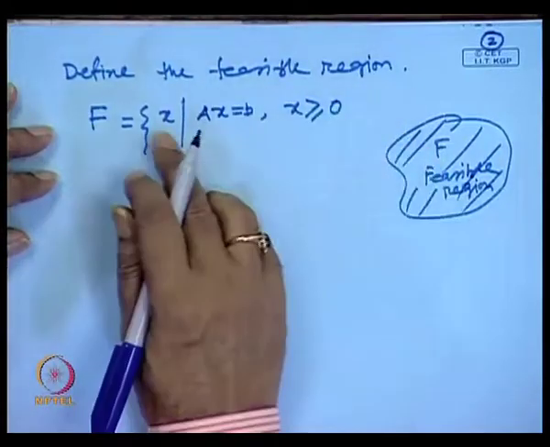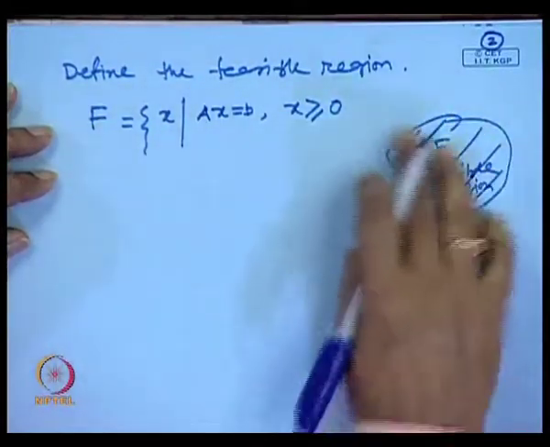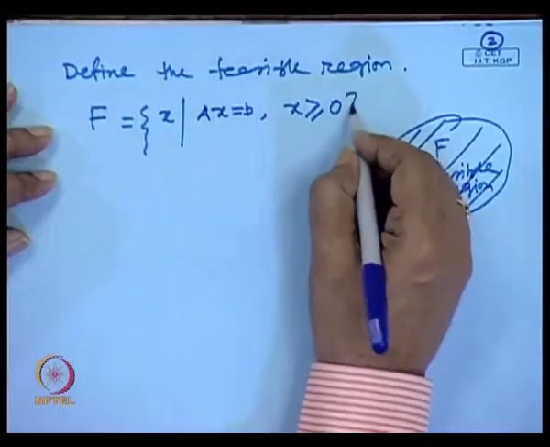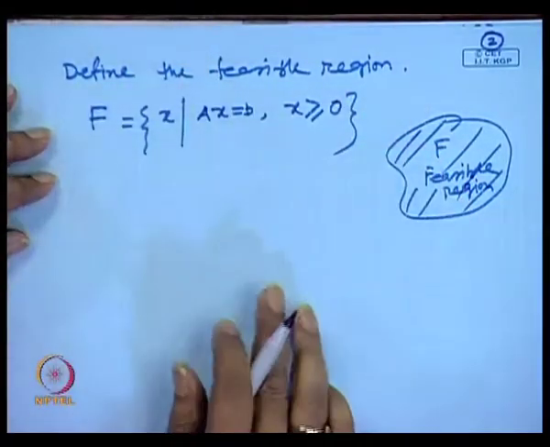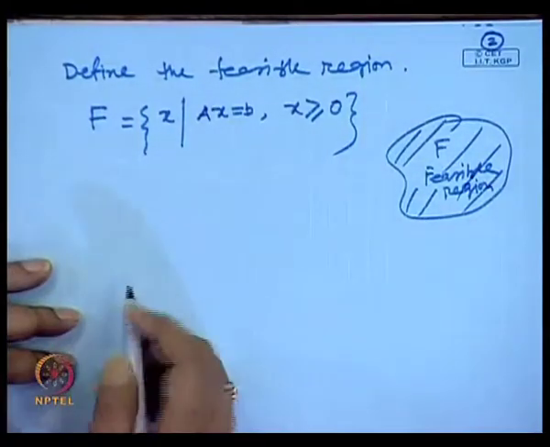If any x in this region satisfies this, then F is called the feasible region of the corresponding problem.